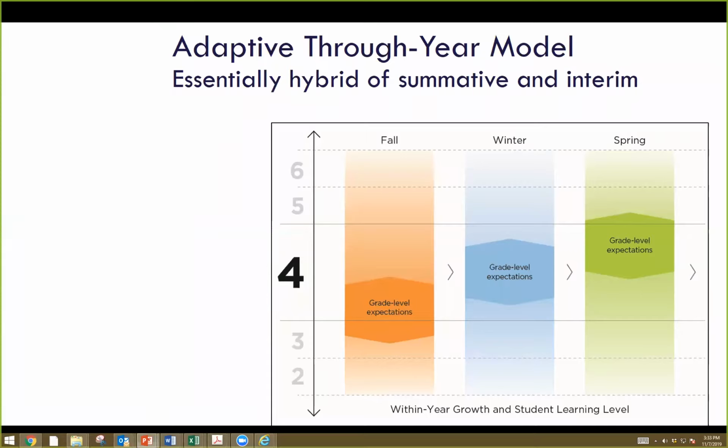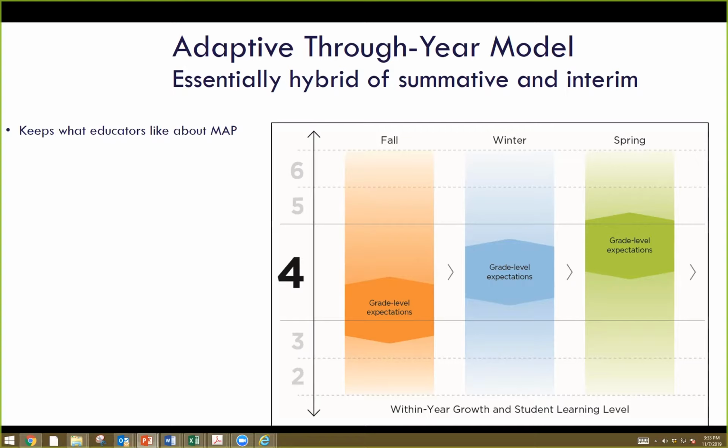So here's another model. If we're going to break this apart a little bit, in this model, we're looking at a fourth grade student taking the adaptive through-year model. You'll see there's the fall, winter, and spring. First of all, and this is very important, we're going to keep what educators like about Map Growth.